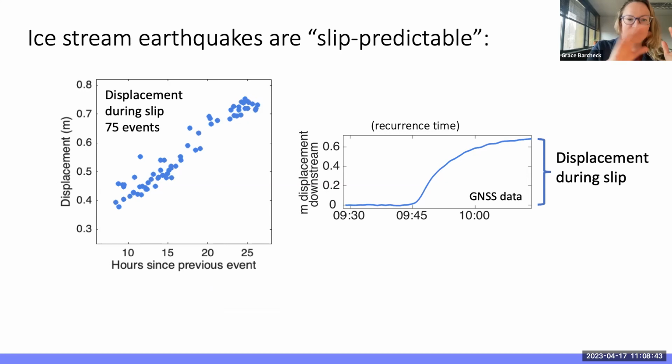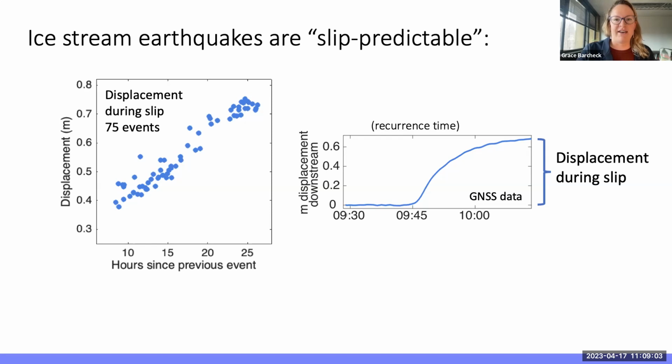So the next thing to know about these glacial slip events, we're going to transition a little bit away from talking about how they initiate, to talk a little bit more about the whole process. The next thing to know about these glacial slip events is that they're basically slip predictable.